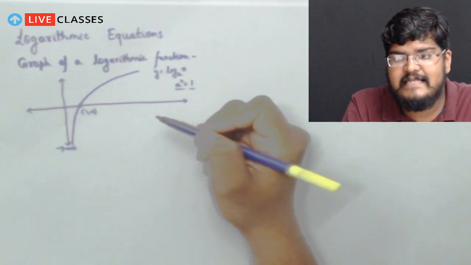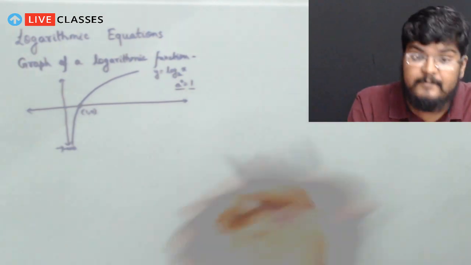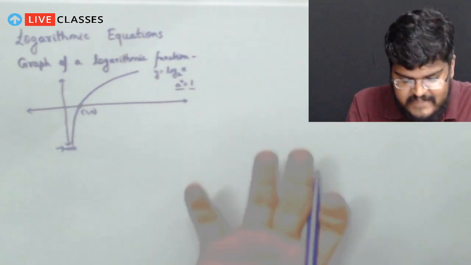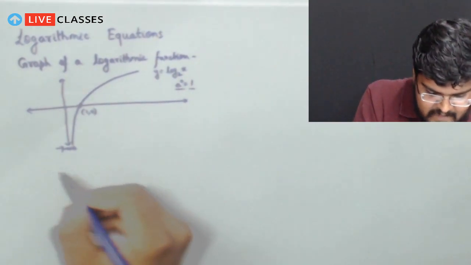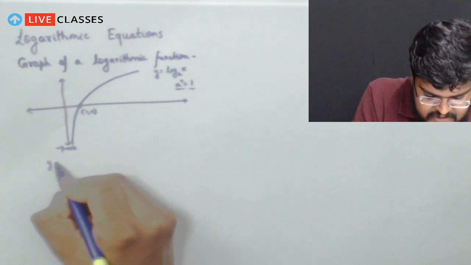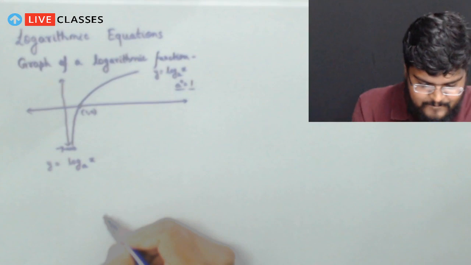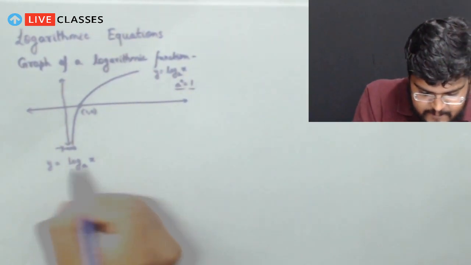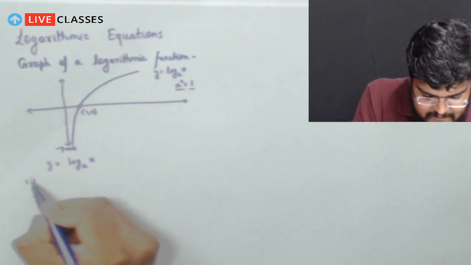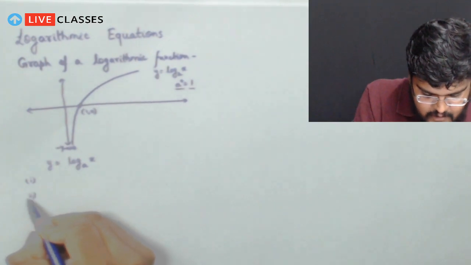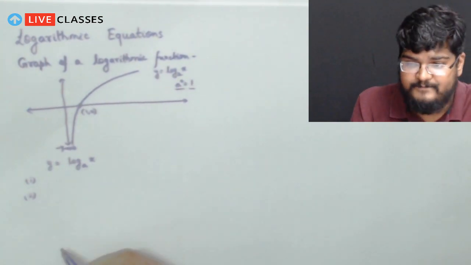Well, this trend is there because there is a property of logarithmic functions which we need to know, and that is, if we have a logarithmic function y is equal to log of x to the base a, then this particular value will be positive or negative based on the values of x and a.